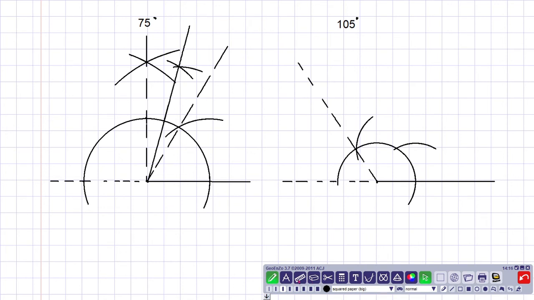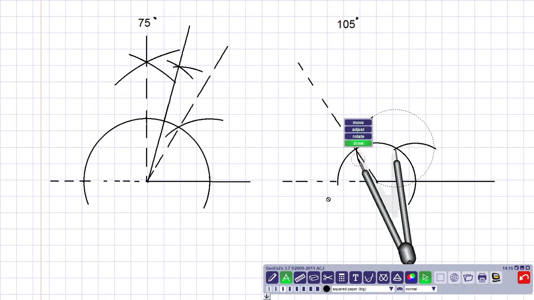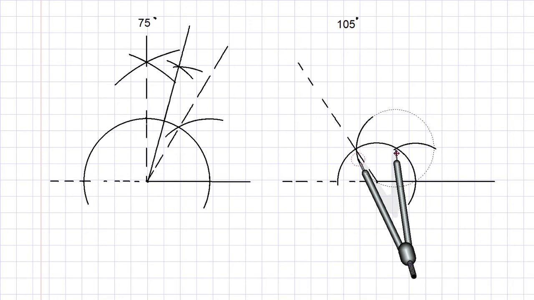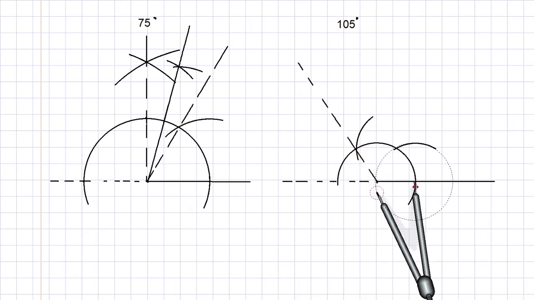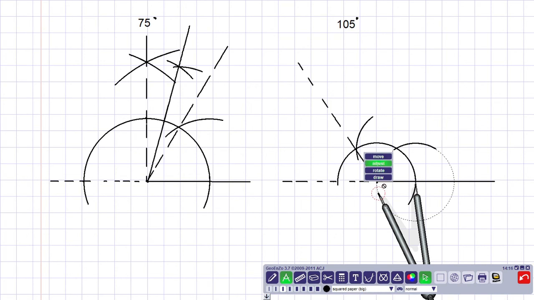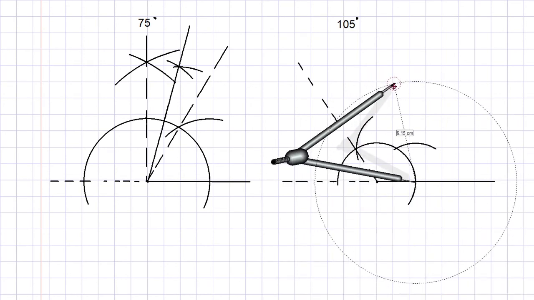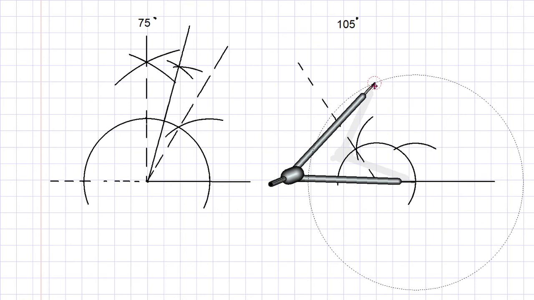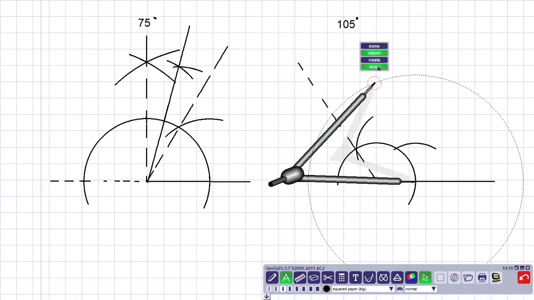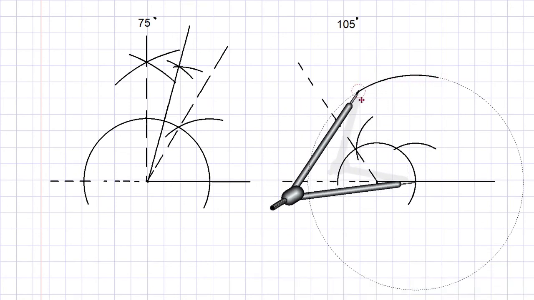Now we want to construct 90 degrees angle. Can you remember the method of constructing 90 degree angle? Place the compass here and adjust the compass and draw the arc.